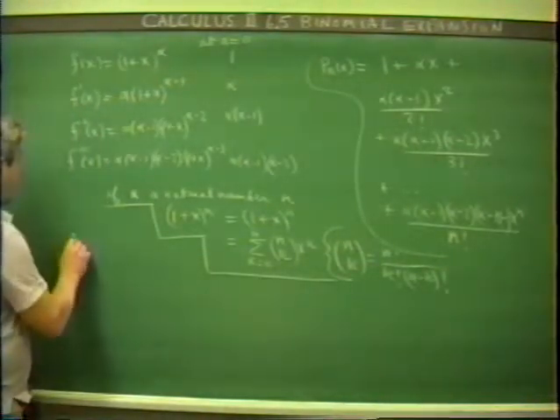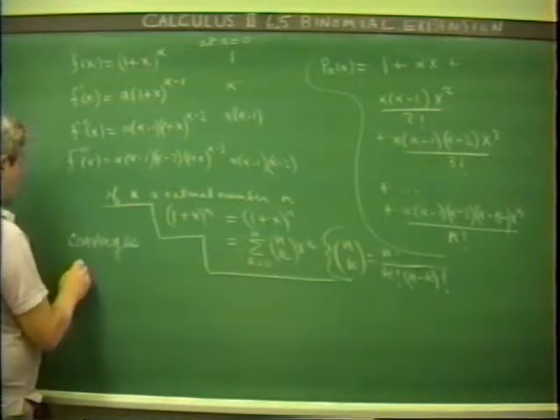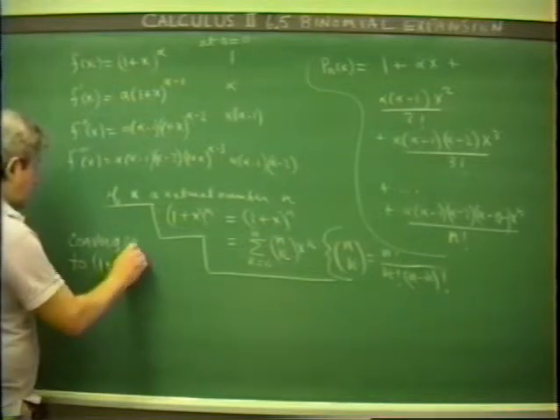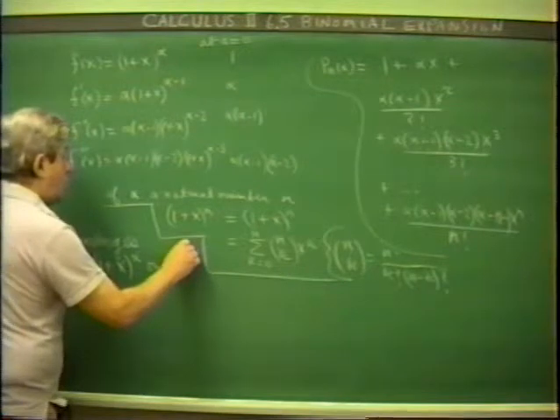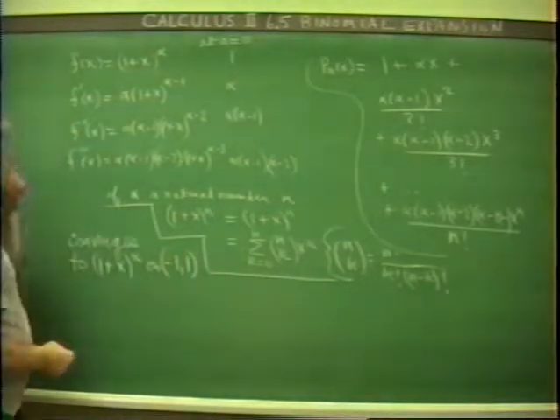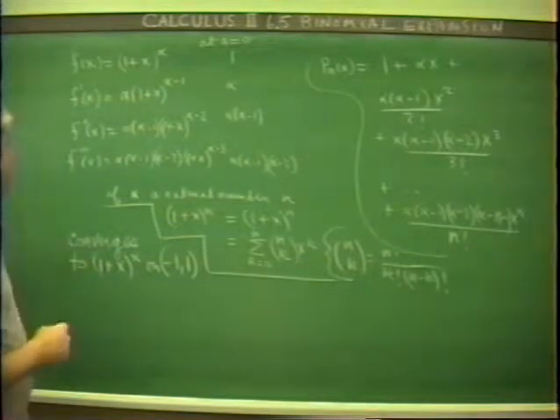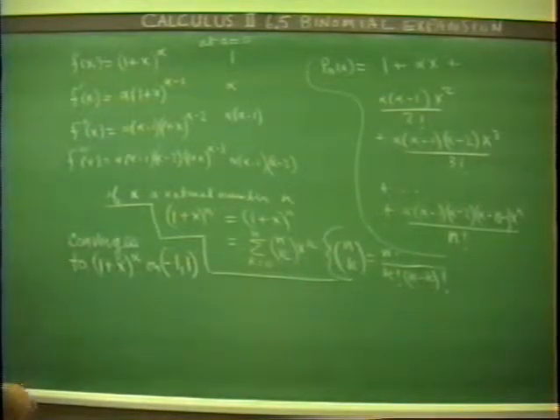For all other alpha, it turns out that this converges to 1 plus x to the alpha on the interval from -1 to 1. That's to say if we put x in here between -1 and 1, we're going to get convergence.